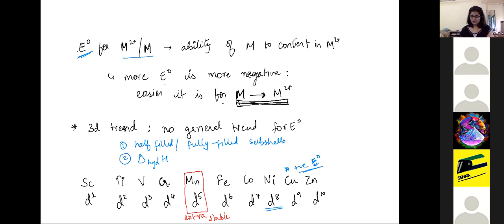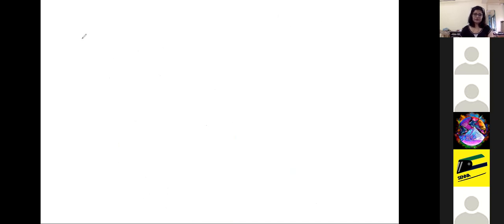Similarly, you will also have E naught values for M3+ to M2+.